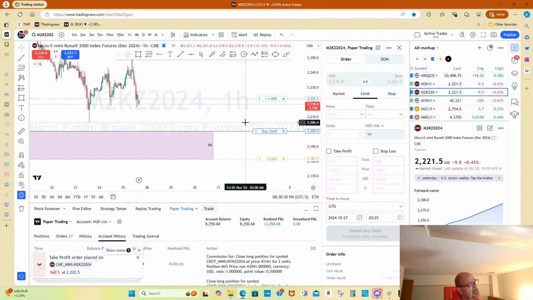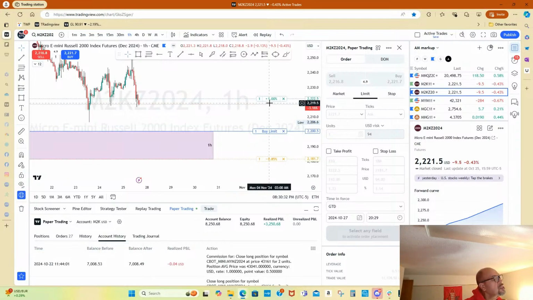Take them bites. Look for runners. If it grinds and you get caught, that's okay. You still profit, profit, profit. Runner! Small stop loss.